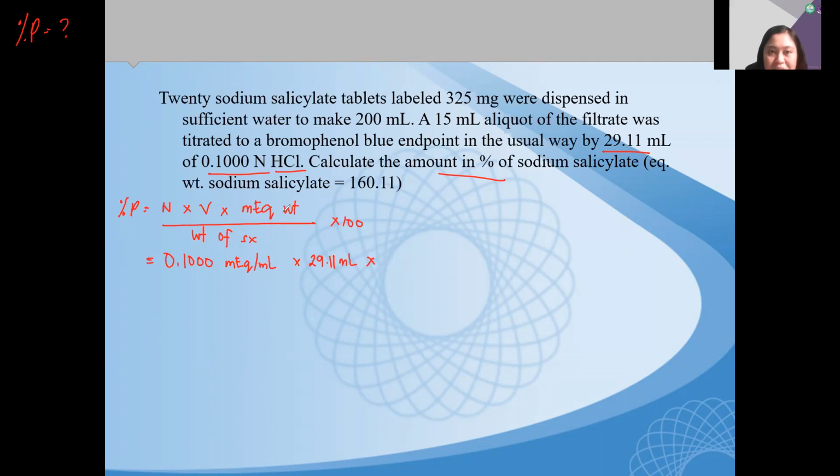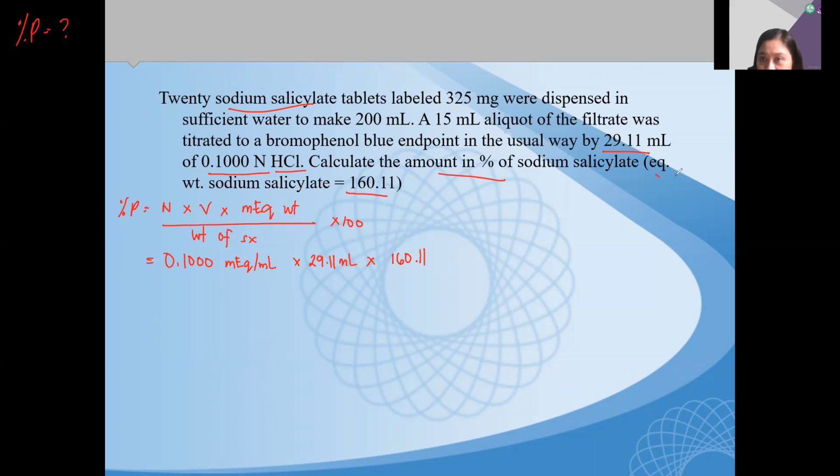Again, the milli-equivalent weight is for the sample. So what is our sample here? Sodium salicylate. But the equivalent weight is actually the given. I'll be changing the units. Again, no need to compute for the equivalent or milli-equivalent weight because it is already given in the problem.